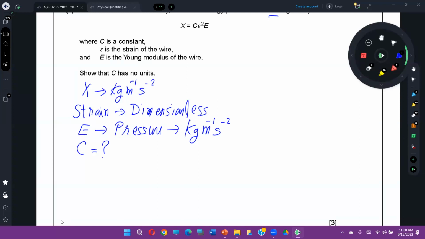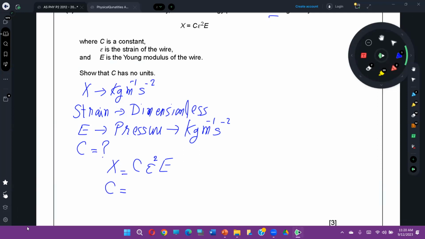Now, should I make C the subject? Okay, X is equal to C sigma square into capital E. Make C the subject.